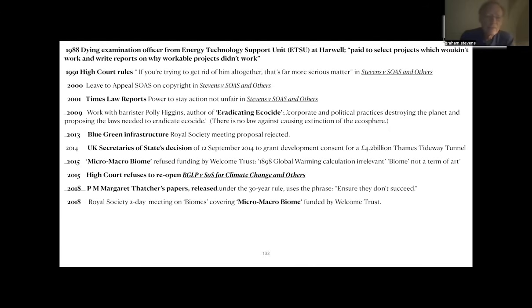But again, I proposed a blue-green infrastructure meeting at the Royal Society with all the renewable energy technologies, including my favorite, which is taking the carbon directly from the atmosphere.